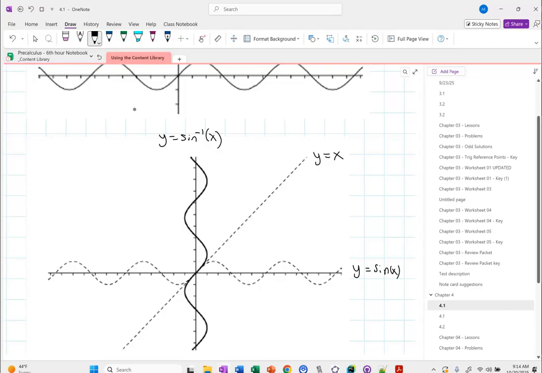Look at that graph of y equals sine x. There's a problem there. Does anybody see what the problem is? They cross. They cross in the middle. What do you mean they cross in the middle?